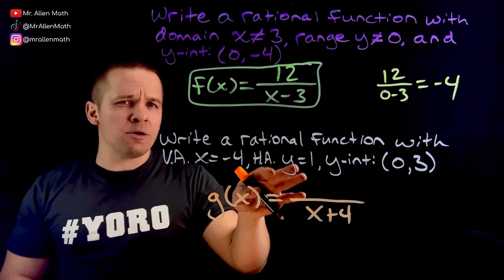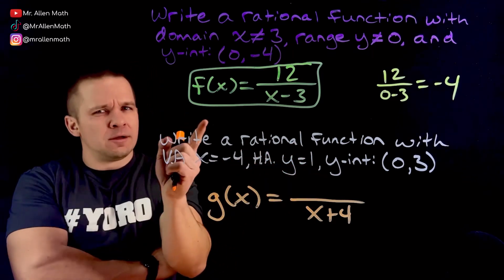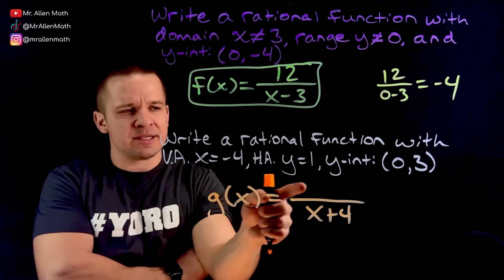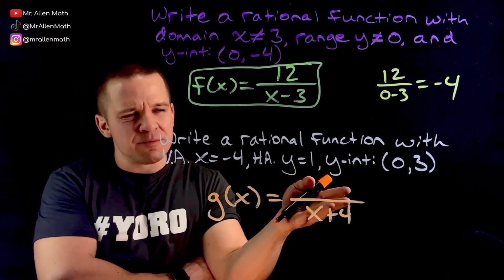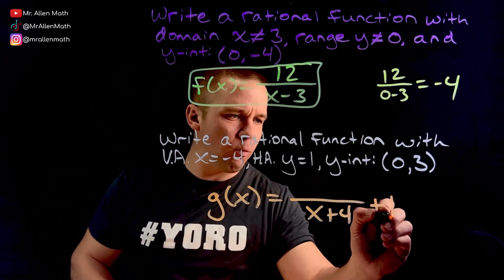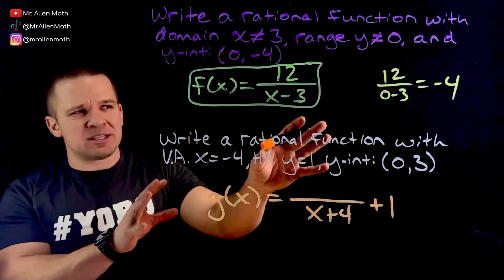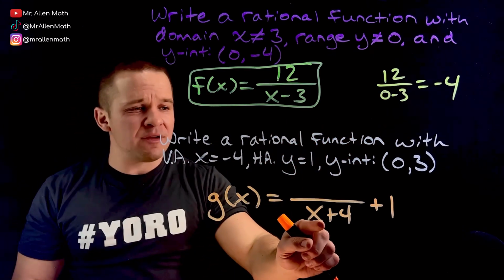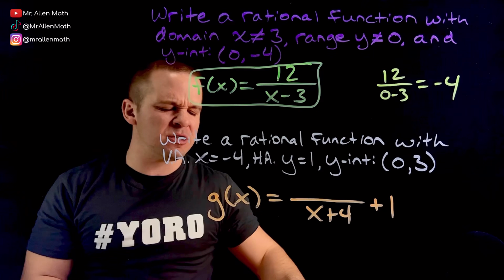Now, the y equals 1. That one's interesting, right? I've got to figure that out. One way I could do that is I could have some kind of an x with some stuff up in my numerator, or I could also just shift this bad boy up 1. And then I've got to think about some things in the same way I did over here. If I plug in 0, let's do a little side math again.